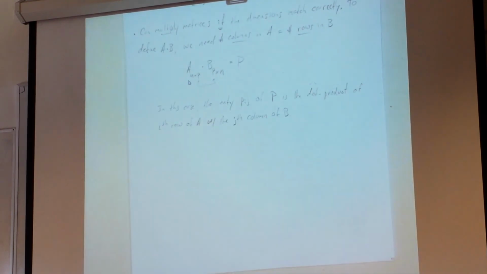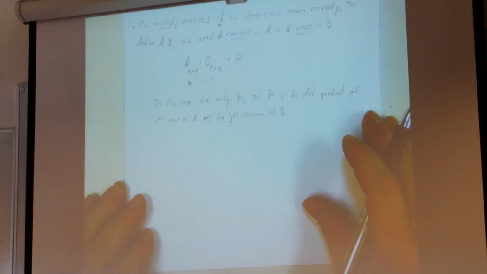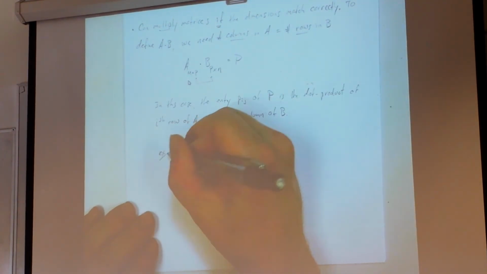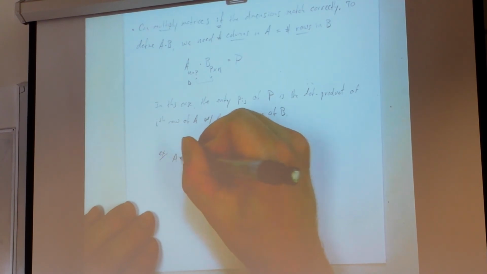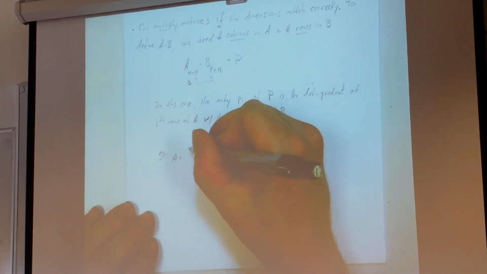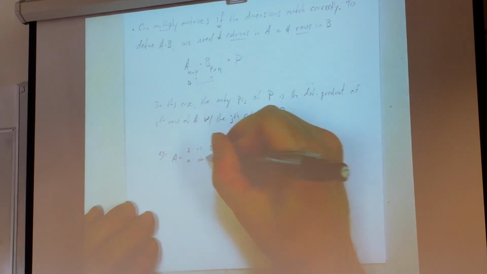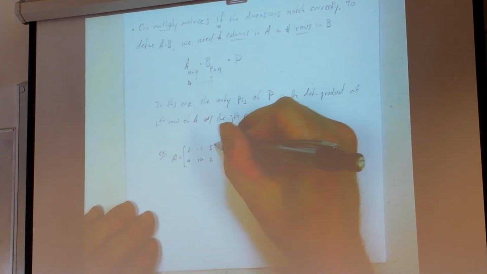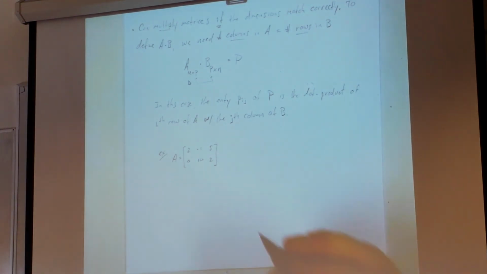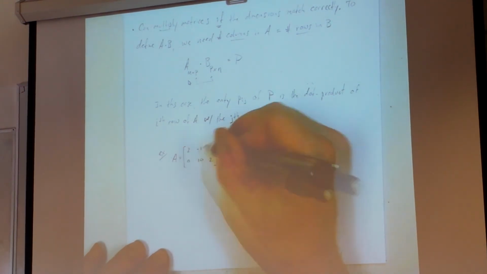Okay, so let's do an example. Our trusty A matrix, we're going to keep it as 2, -1, 5, 0, 10, 2. Again, that's a 3 by 2. Oh, no, it's not. 2 by 3, sorry.